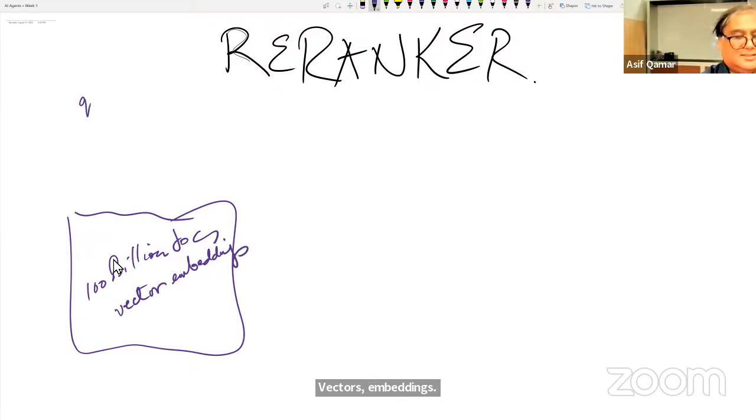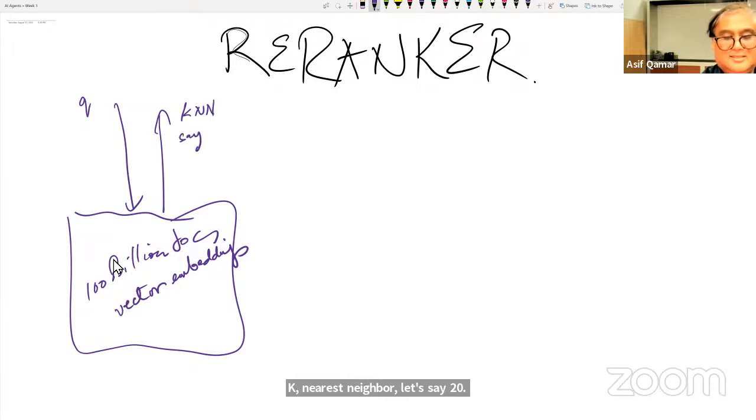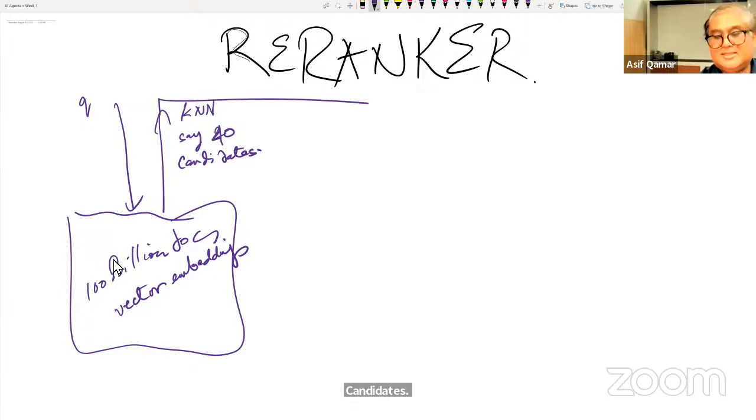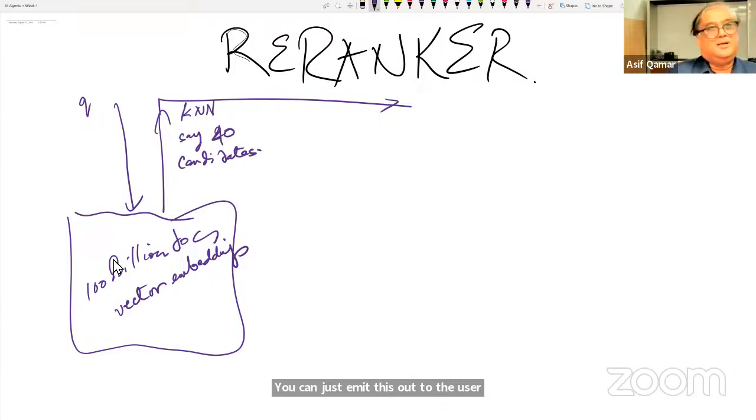Given a query, you can dip into it. It will return your k nearest neighbors, KNN, let's say 20, or let's say even more, let's say 40 candidates. These are your search results. You can just emit this out to the user as you are doing in the early parts of your project.